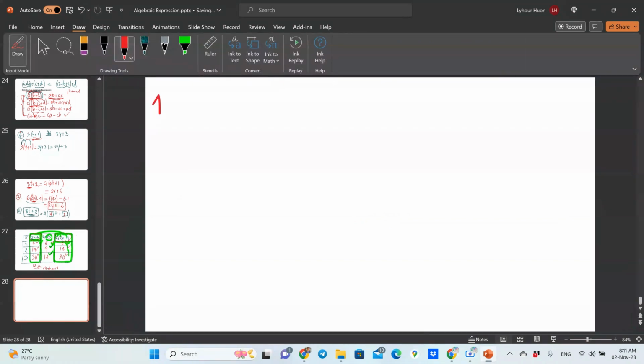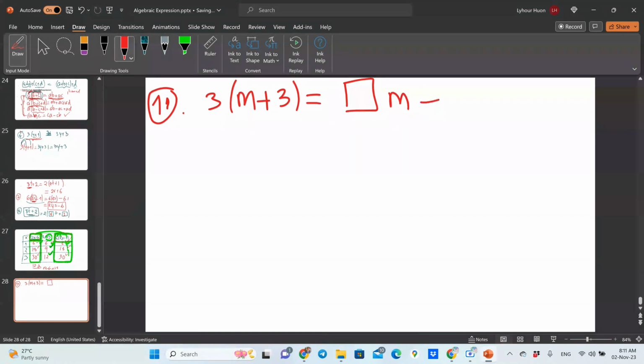Number 11 is 3 times m plus 3 equal to box m plus what box?